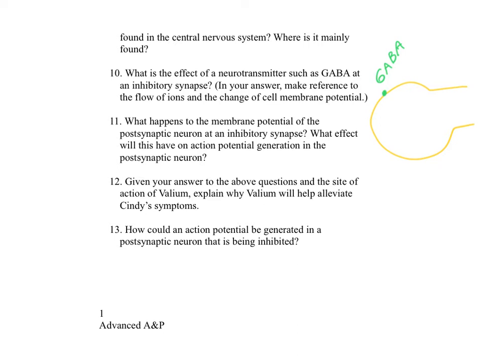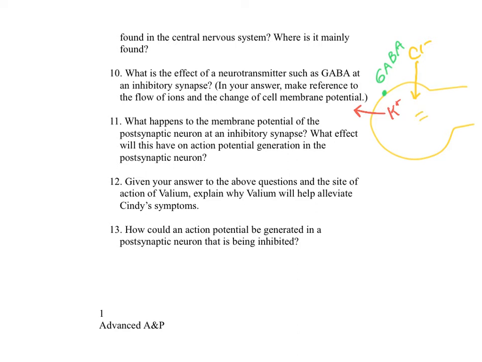Now, potassium we know is higher inside the cell, and so when GABA opens up the potassium channels, potassium wants to leave, and that's going to make the inside of the cell more negative. And chloride we know is higher outside the cell, and so when chloride gates open up, chloride will come into the cell, bringing its negative charge with it.